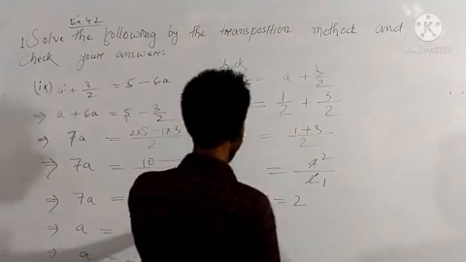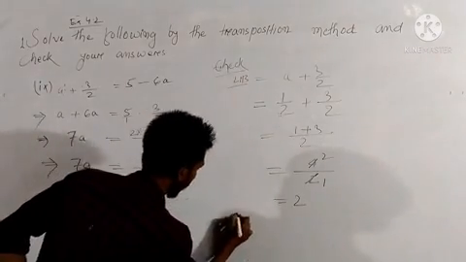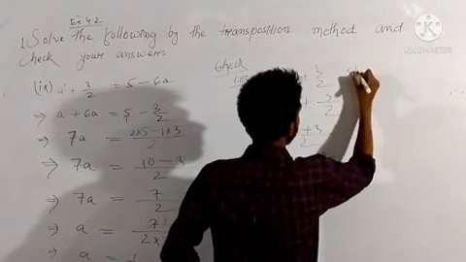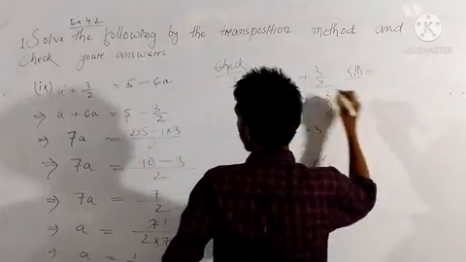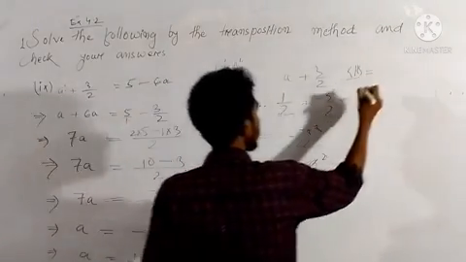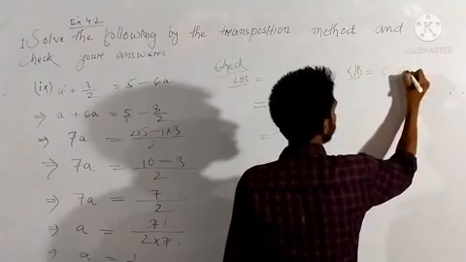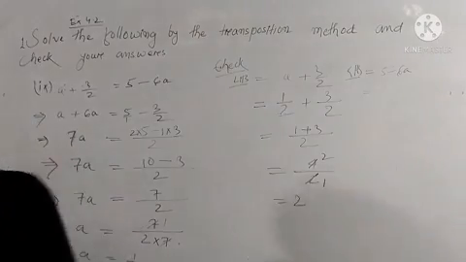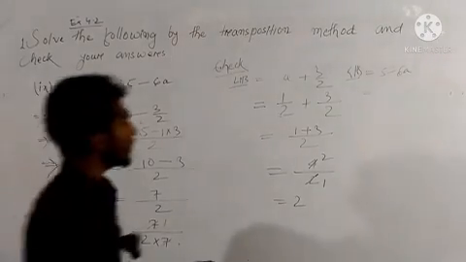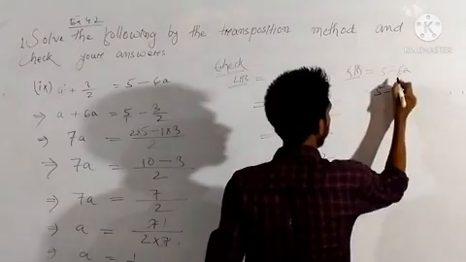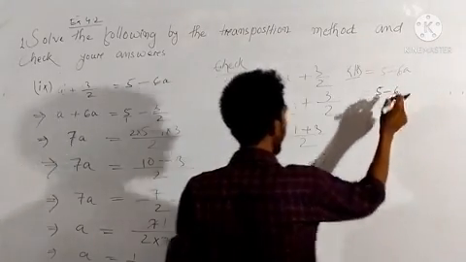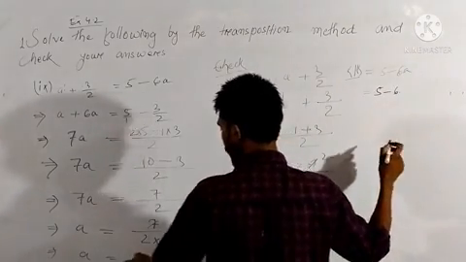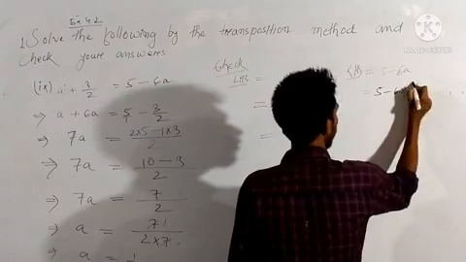And then we have to find the value of the right hand side. On the right hand side there is given the statement 5 minus 6a. So the 5 remains 5 and minus 6 remains the same, and the value of a we get is 1 by 2.